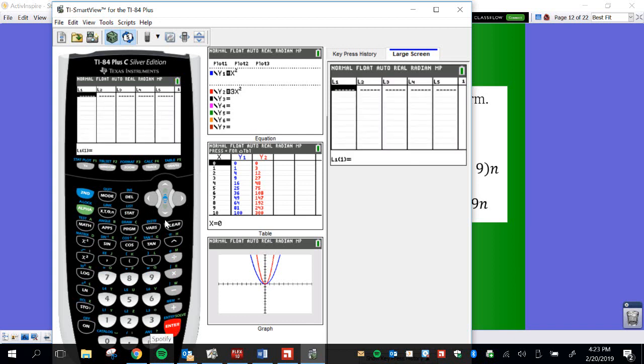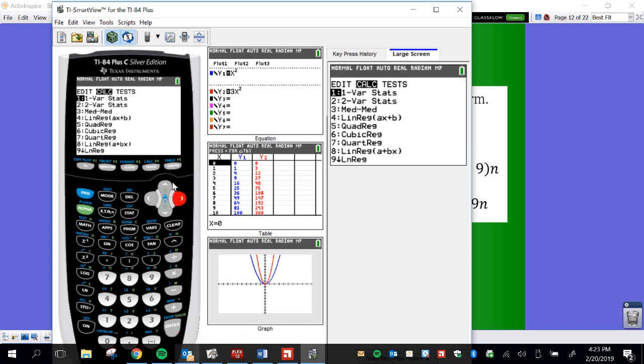So in L1, I'm going to put all of my X values, which was 1, 2, 3, and 4, because I was only given 4 terms. So L2 is going to hold my Y values. So that was 36, 27, 18, and 9.